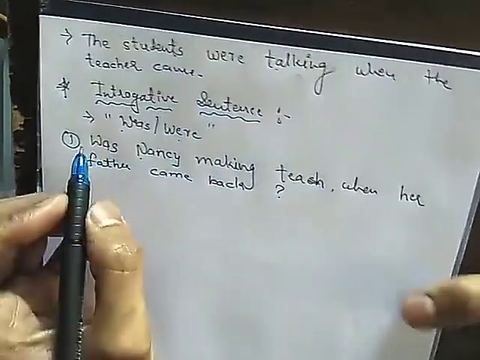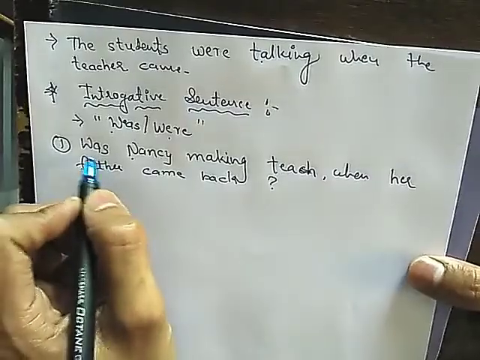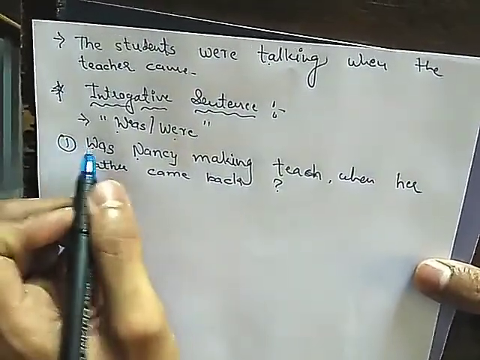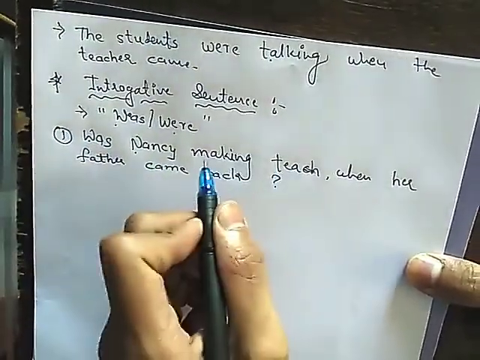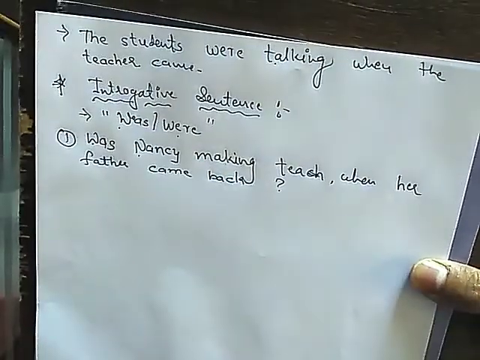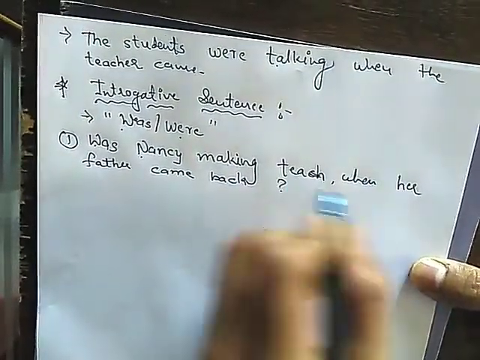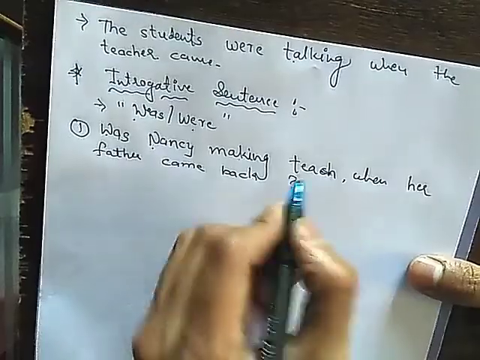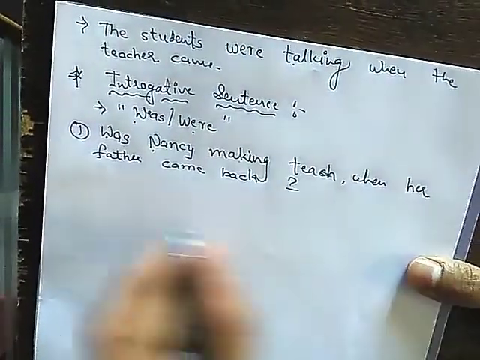Okay, let us try to understand this. In the very beginning you have to put was or were, then after that the subject, after that the verb with ing form, and then other words will take place, and at last don't forget the question mark.